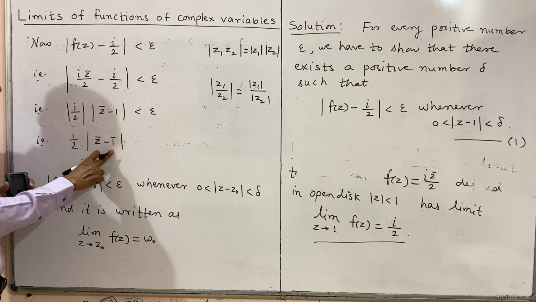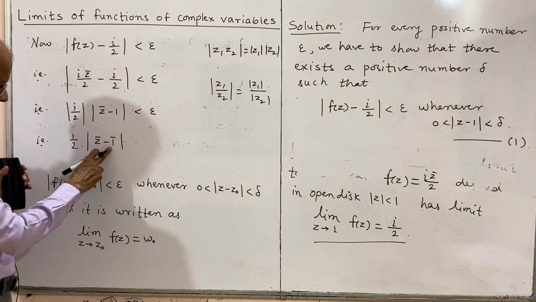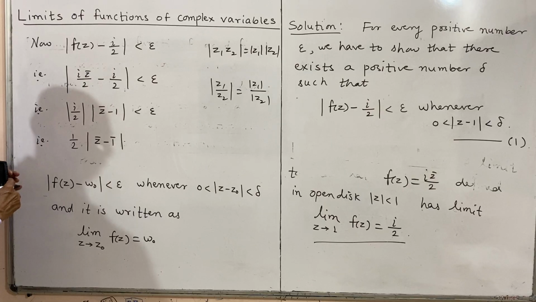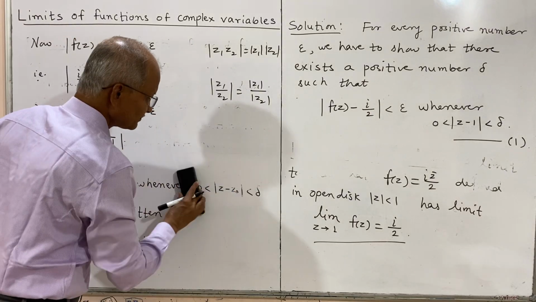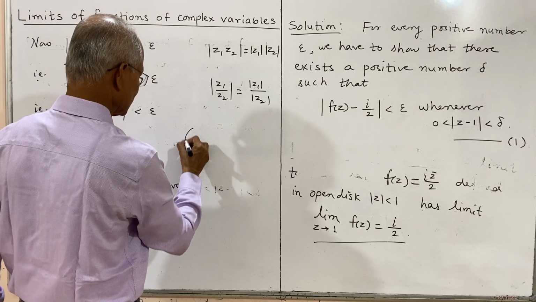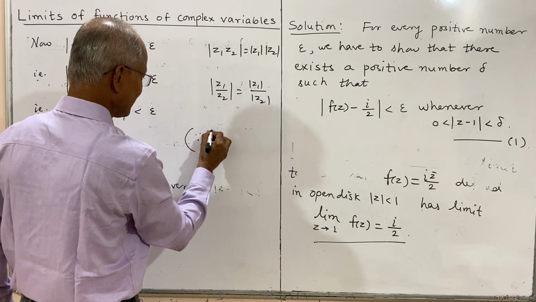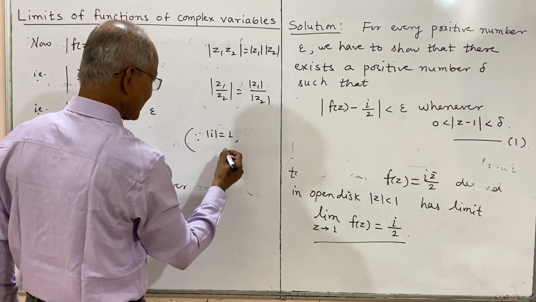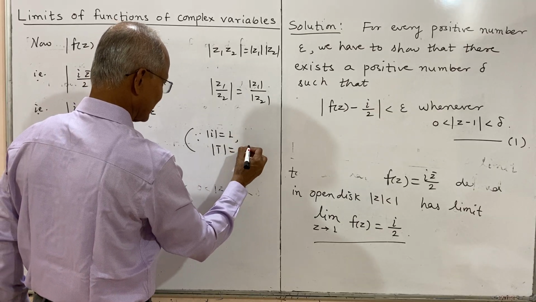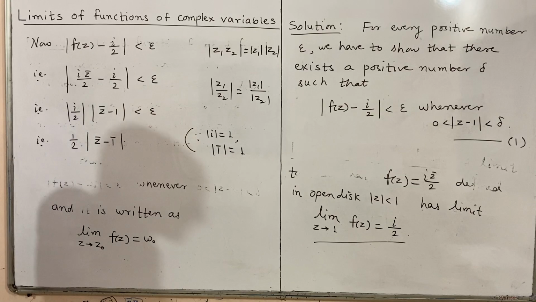And this can be written as |z bar − 1|, where 1 and 1 bar have the same absolute value, since absolute value of 1 is 1 and absolute value of conjugate of 1 is 1.